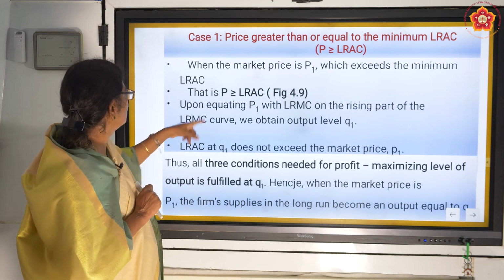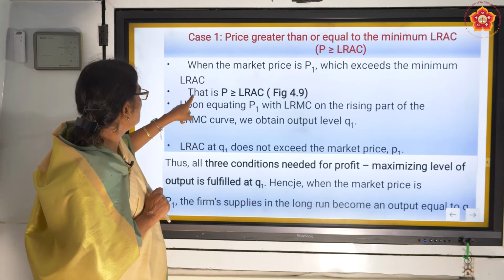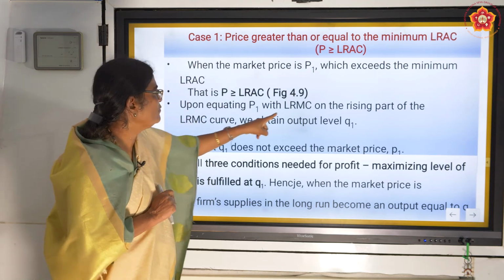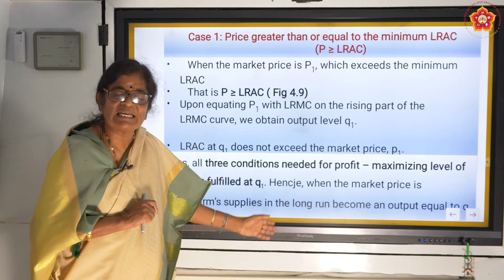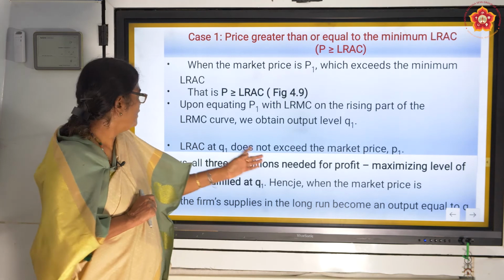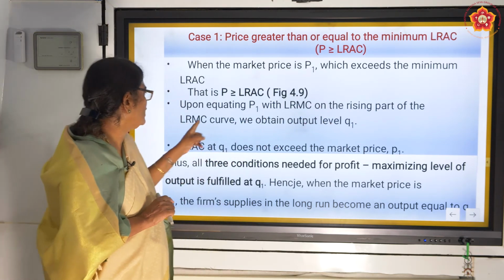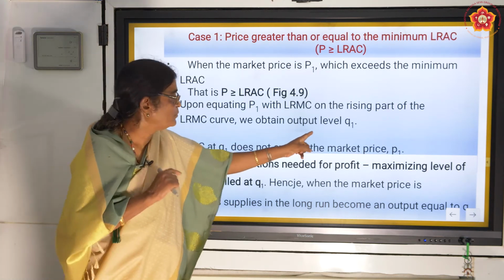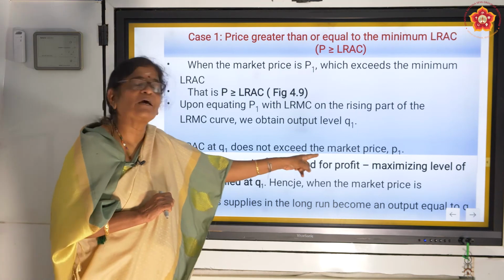Now, what is case 1? Equating the price P1 with LRMC on the rising part of the LRMC curve, as I explained, I have put on the slide for your revision. Upon equating P1 with LRMC on the rising part of the LRMC curve, we obtain the output level Q1. LRMC at Q1 does not exceed the market price either.